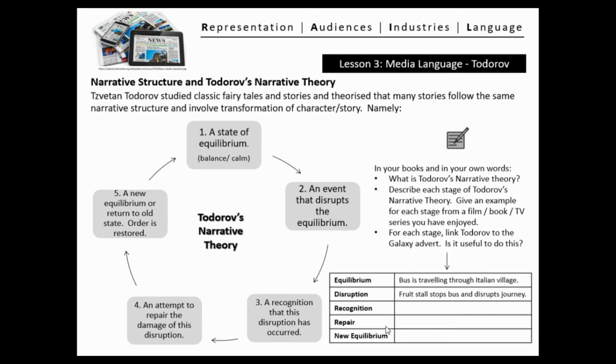Now for each stage, I want you to think of a film, a book, or a TV series that you've enjoyed, and I want you to think about that. And for each stage, I want you to write down an example of what happens at the beginning when there's calm, then something that disrupts the calm, a recognition that the disruption has occurred, an attempt to repair it, and then it's back to normal and order is restored.